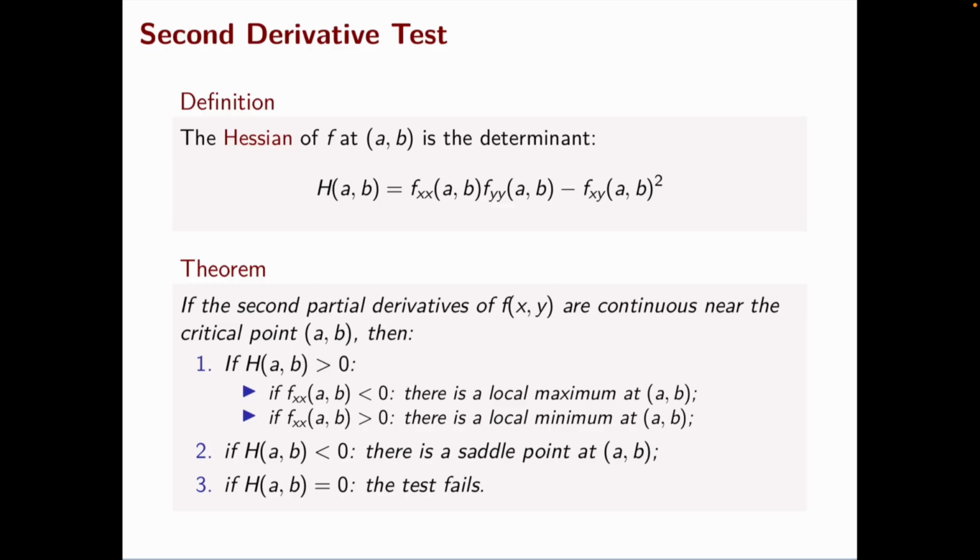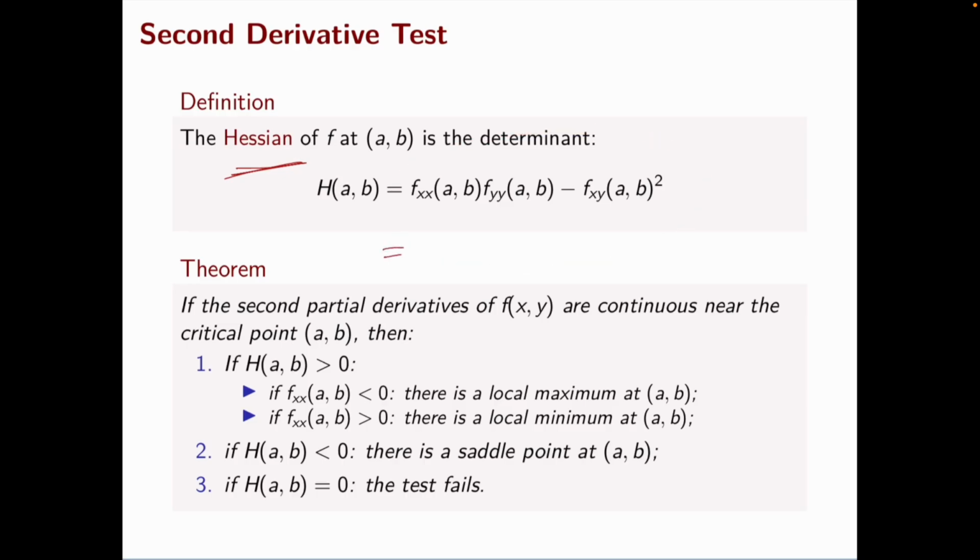So this second derivative test is going to help us to decide what these critical points that we can calculate just by the definition of critical point actually are. But first, we define what the Hessian of a function is, which is the determinant calculated in this way.